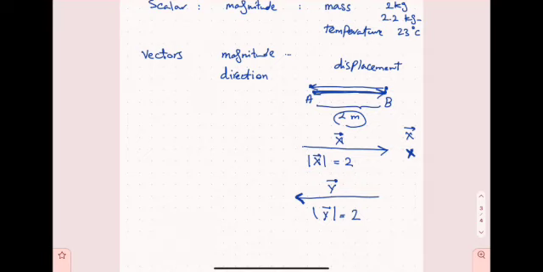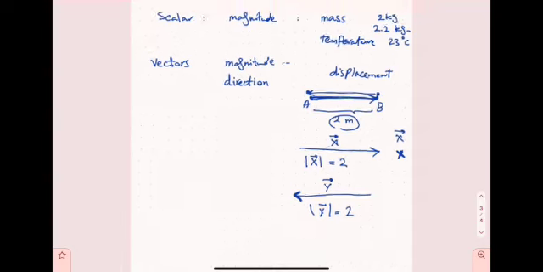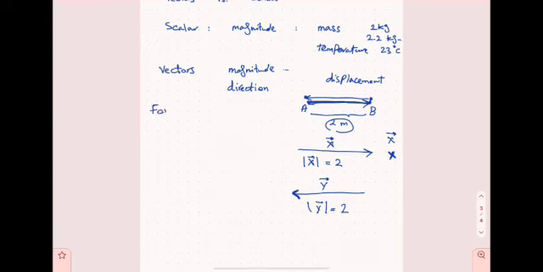Are there other examples for vectors? Sure, there are many quantities for which we use vectors to analyze. For example, force, velocity, many examples, momentum, angular momentums.